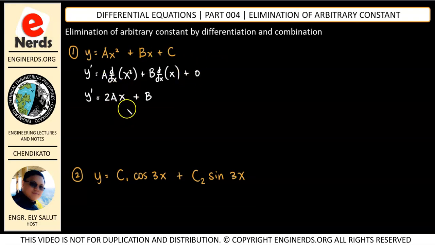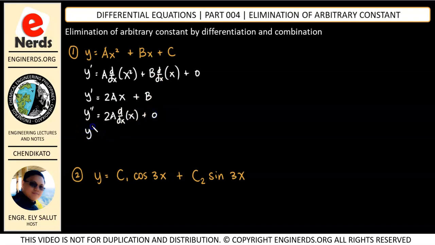So now, as you can see, meron ulit tayong naka-isolate na constant dito. So we can also eliminate that by getting the second derivative. So, second derivative of our 2ax. Okay, so we have our constant 2a, then the derivative of x plus the derivative of our constant b, which is 0.